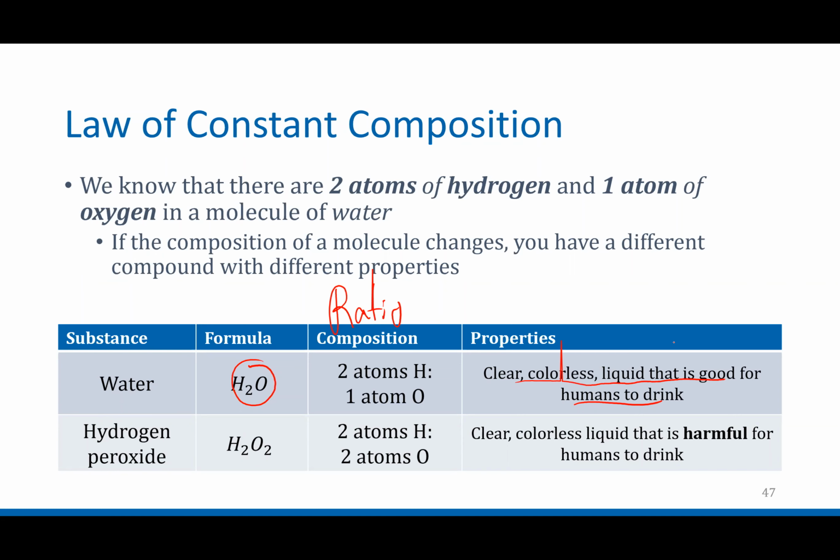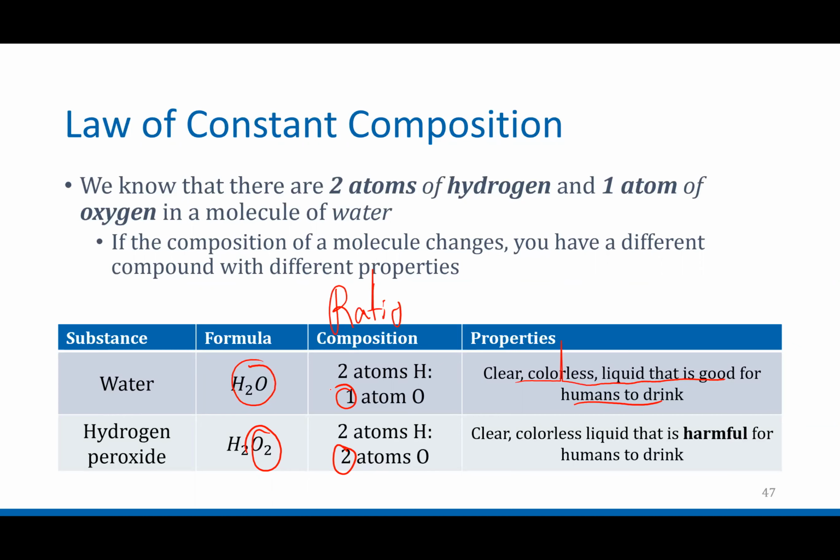I mean, it's amazing. So if we change one little thing, we change the ratio of that formula and we add another oxygen. So notice hydrogen peroxide, H2O2. Two atoms of hydrogen to two atoms of oxygen. Or if any of you guys are math people, you could really just say this is 1-to-1, right?